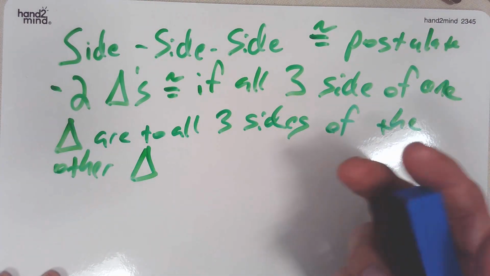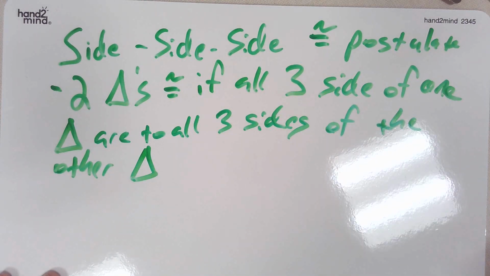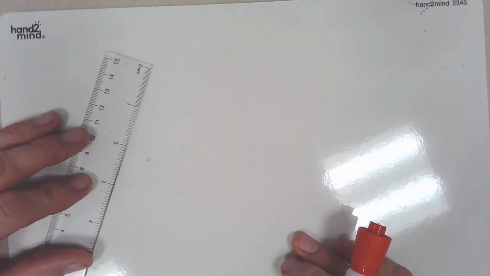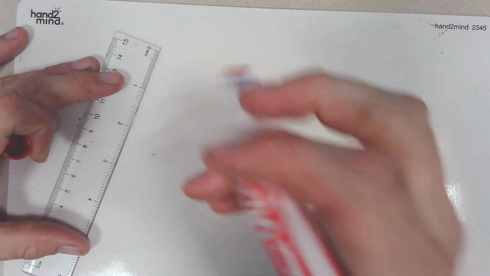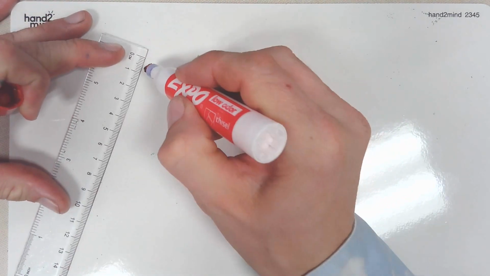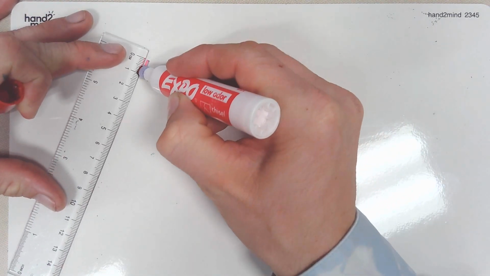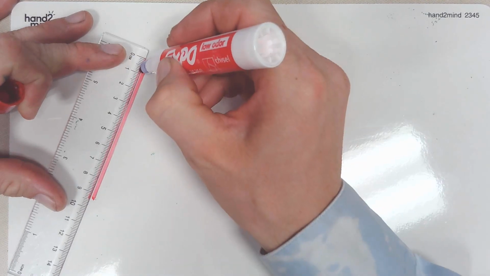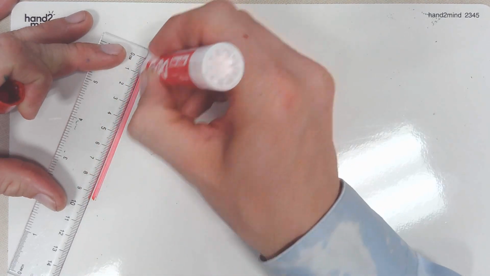So this is just saying that if I have a triangle, and it has three sides because it's a triangle, and I'm just going to make one up. So what does it mean to have congruent sides? Well, those sides are congruent if they share the same lengths.